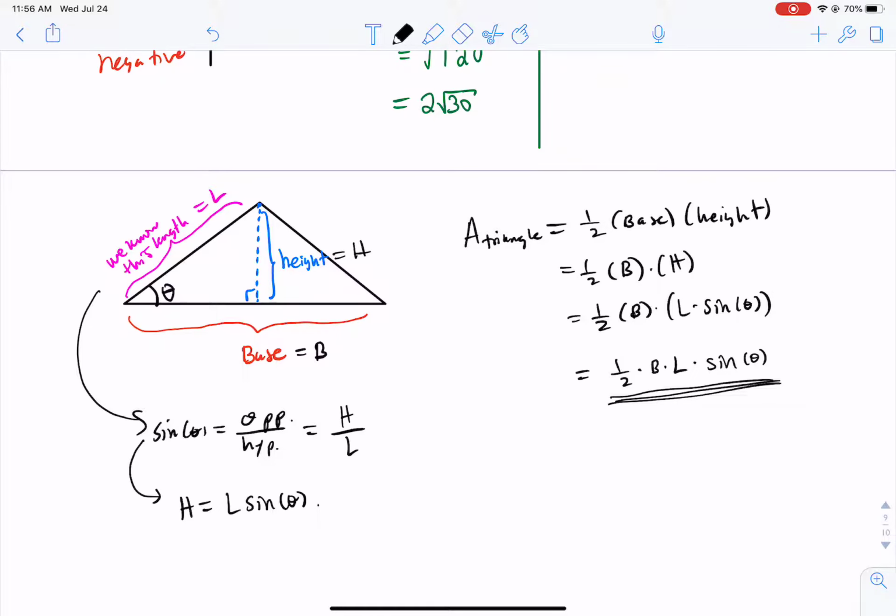Because what we do later is we want to compute this faster. We want to be able to compute the area of triangles that are floating in space, and we use something like this, but we don't know how to measure the angles precisely. So have you ever heard of the cross product? Have you ever heard of vectors?